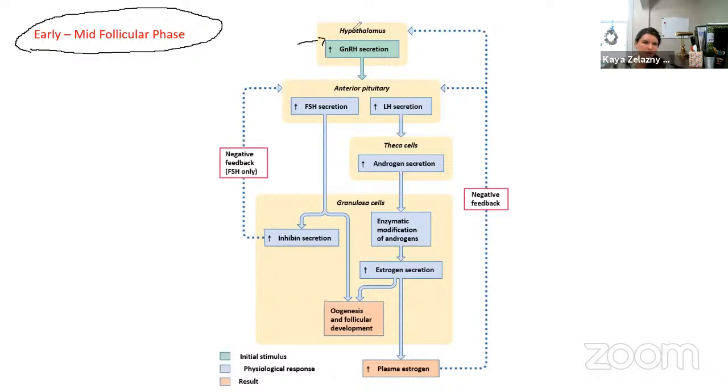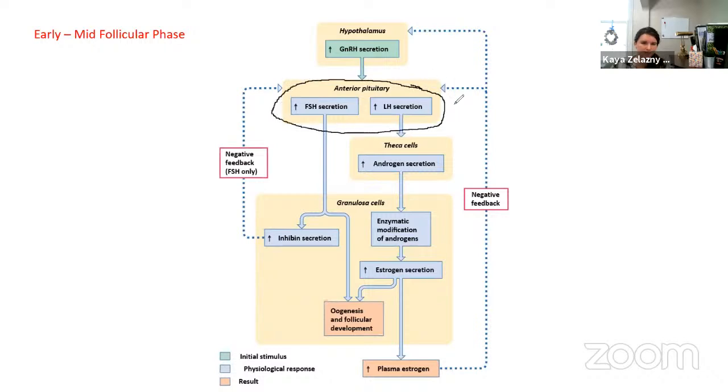So we have the hypothalamus, GnRH, going to the anterior pituitary. We have these hormones FSH and LH. FSH and LH are the ones we're really interested in. These are the ones that are going to affect our ovaries and our developing follicles.